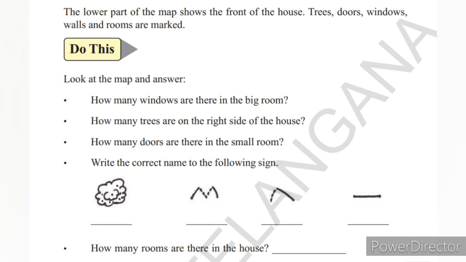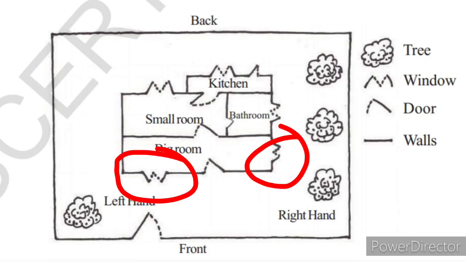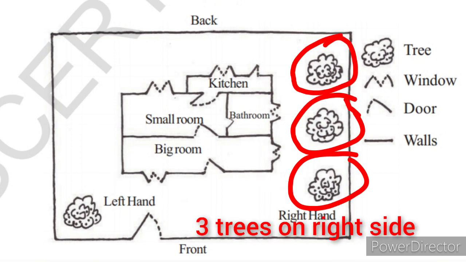Now do this. Look at the map and answer. First one, how many windows are there in the big room? So look at the map now. Big room, how many windows are there? In the map you can see the big room I have marked with red. So how many windows are there? There are 2 windows. Similarly, next one, how many trees are there on the right side of the house?